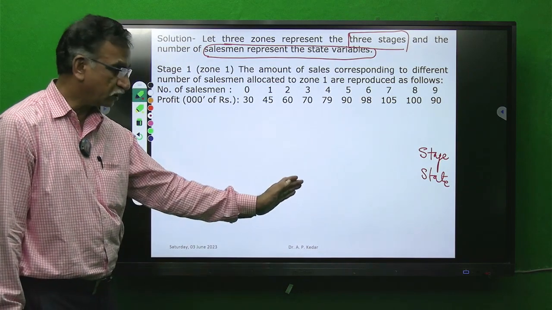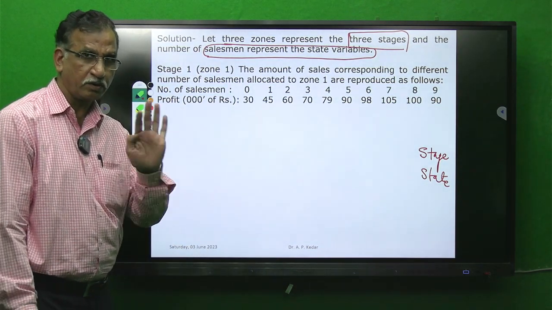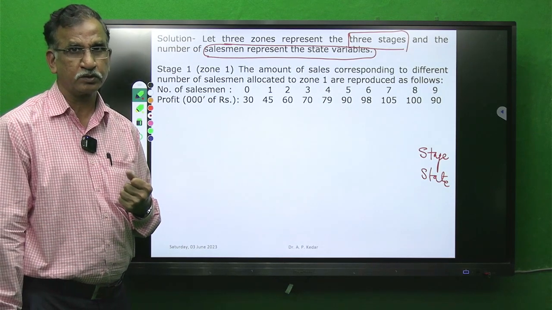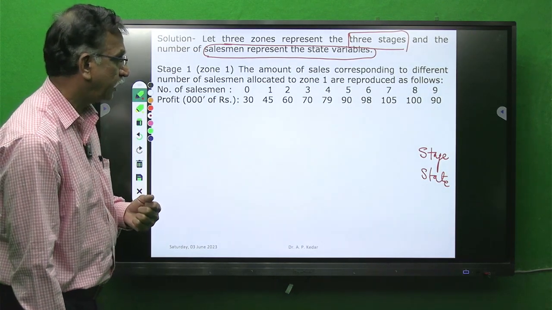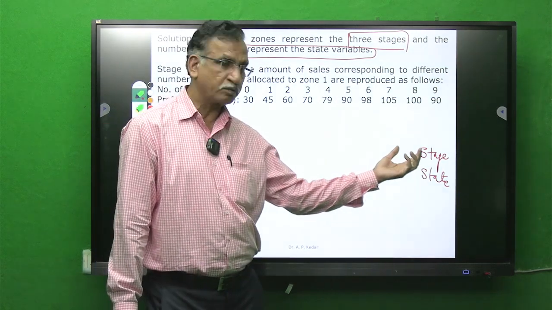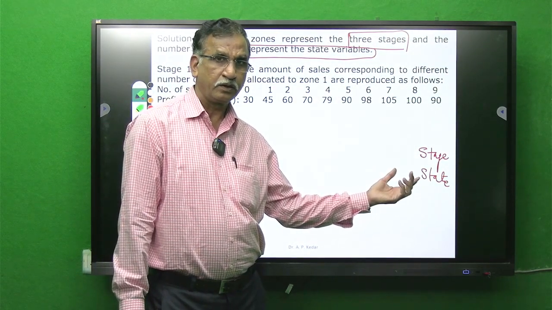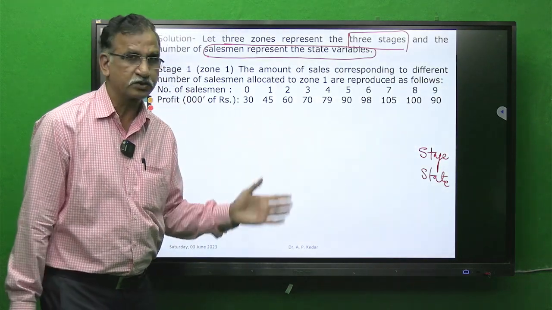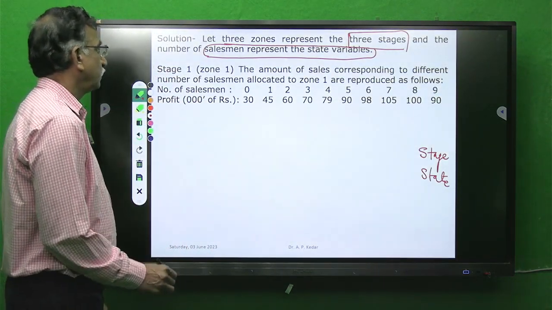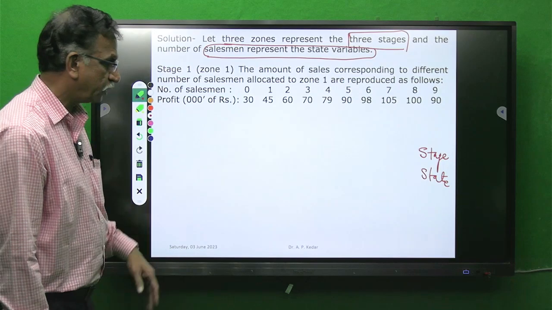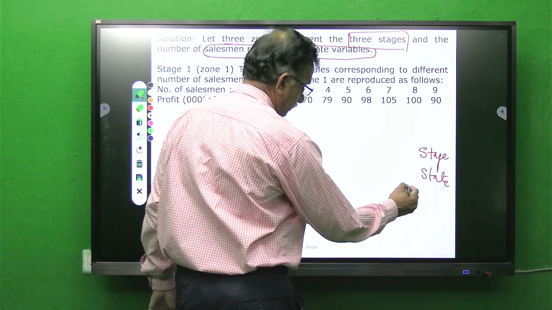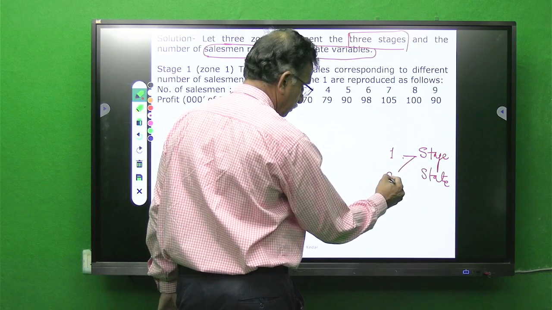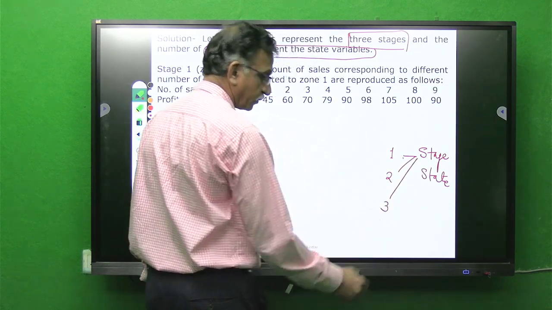So naturally, as I have explained in the previous slide, for this problem we will have three stages representing zones 1, 2 and 3. And the variable, that is the number of salesmen, in each zone combination will give us states. Now the problem, as I have said, will be in three stages: stage 1, stage 2 and stage 3.